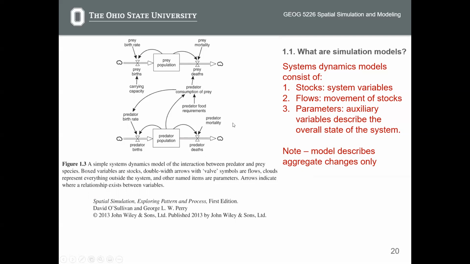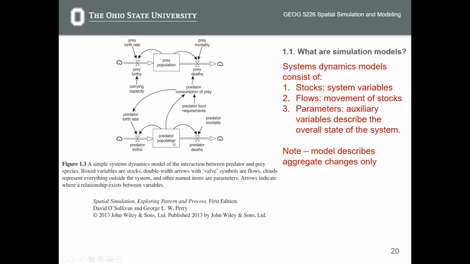So let's check out this model again. Like I said, this model is created at macro level, which means that individuals are not that important. So that's the reason why here we only have prey population and predator population, these 2 stocks.